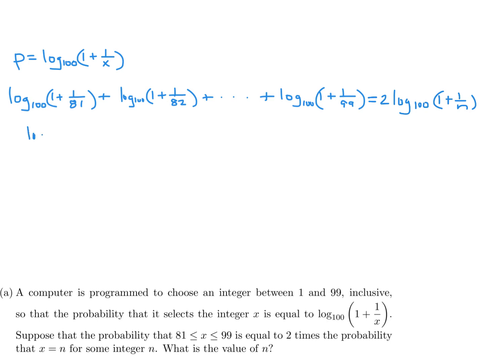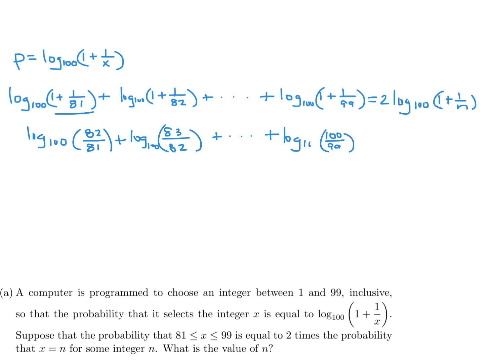First, what I'm going to do is simplify all of these guys, like adding the fraction. So this becomes 82 over 81. The next one becomes 83 over 82, log base 100. And then it just keeps on going like that. And then the last one, in this case, would be 100 over 99 to the base 100.